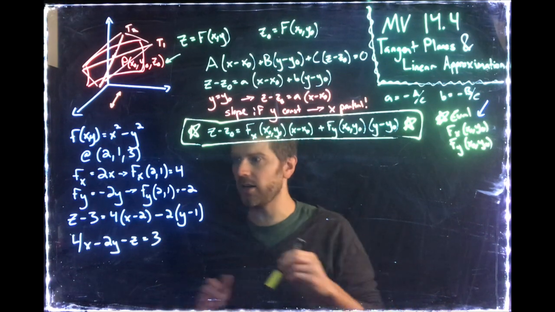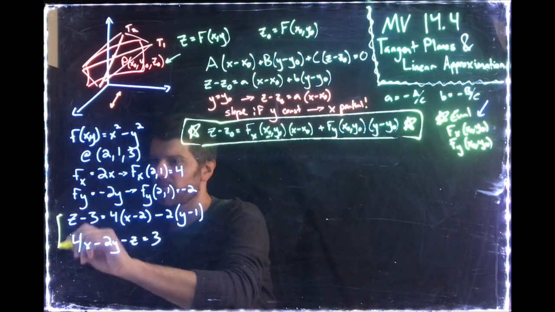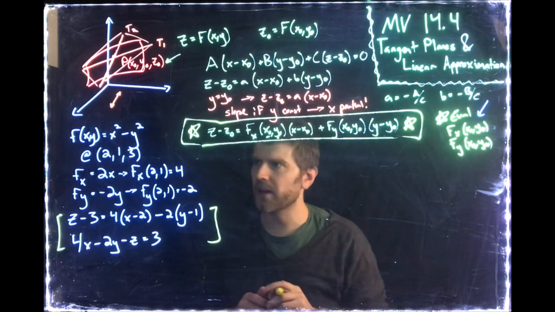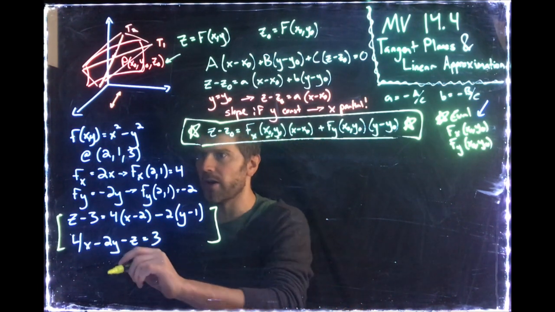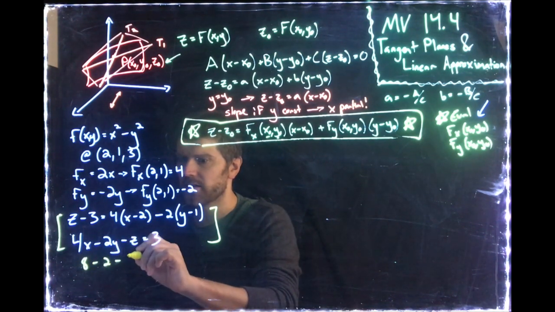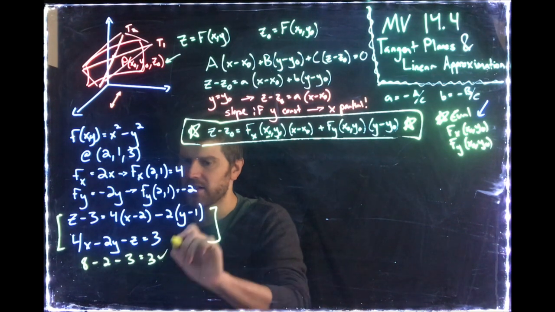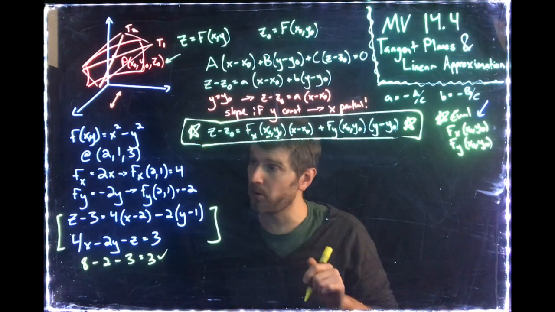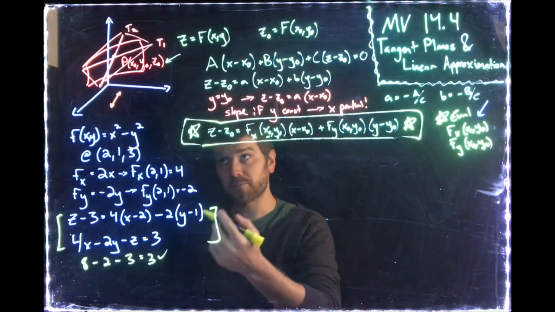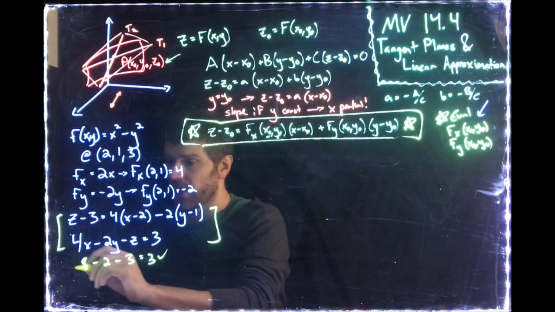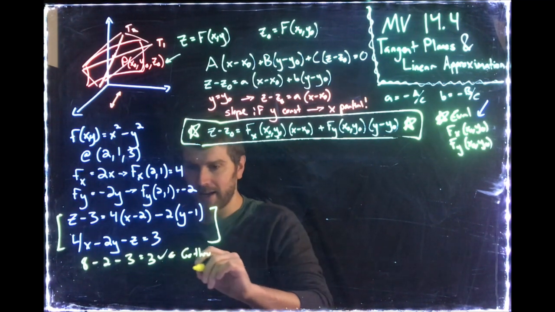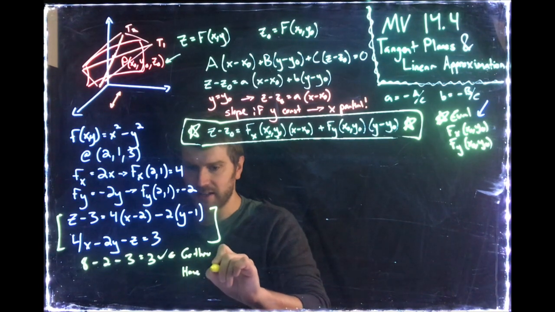There is our tangent plane, either way you like it. And if I plug in the point (2, 1, 3), I get 8 minus 2 minus 3, which does in fact equal 3. So it goes through the appropriate point. And the thing we really want to make sure of, if it's properly a tangent plane, is that it should go through the point, and it should have the same first derivatives.